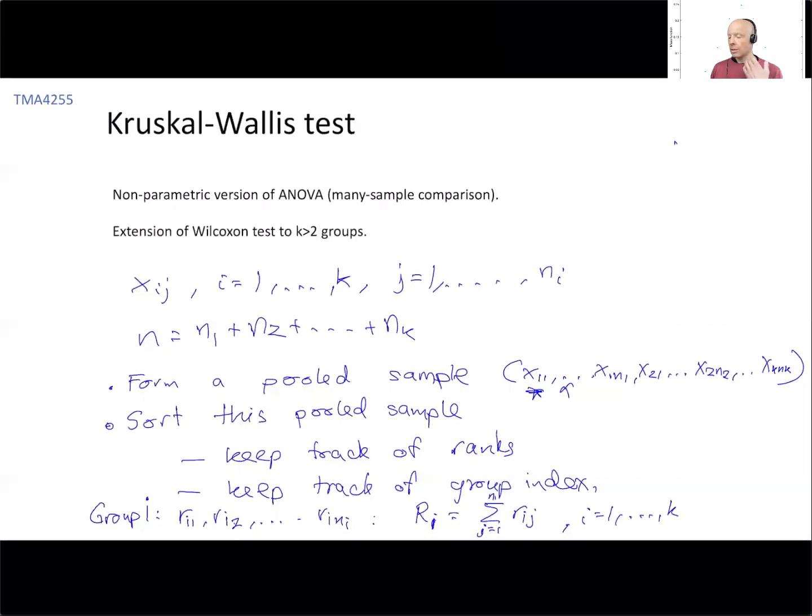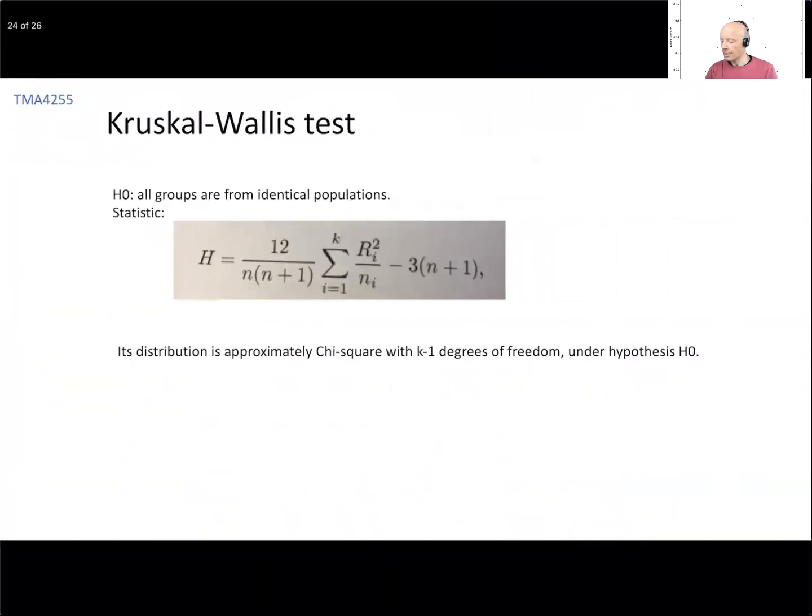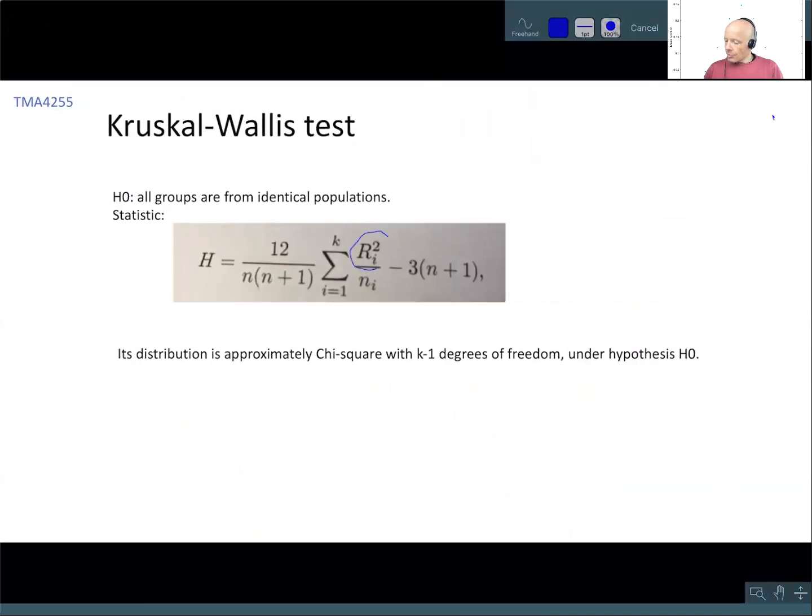And that's what goes into the Kruskal-Wallis test statistic. H is formed, as we see, by these group ranks squared and then normalized by the number of samples in that group. Under the hypothesis H0 that all groups have identical distributions, this is approximately a chi-square distribution with k minus 1 degrees of freedom.